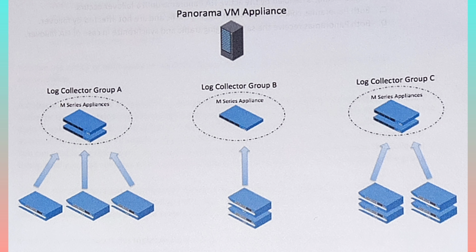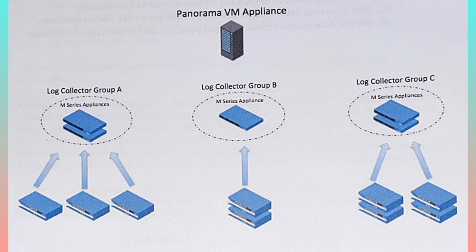Let's understand on-premises log collection. Log collection is collecting logs from one or multiple firewalls, either to a single Panorama or to a distributed log collection infrastructure. Reports can be generated based on that log data where it resides locally to the Panorama. Examples are a single M-series or VM-series appliance, or a distributed logging infrastructure.